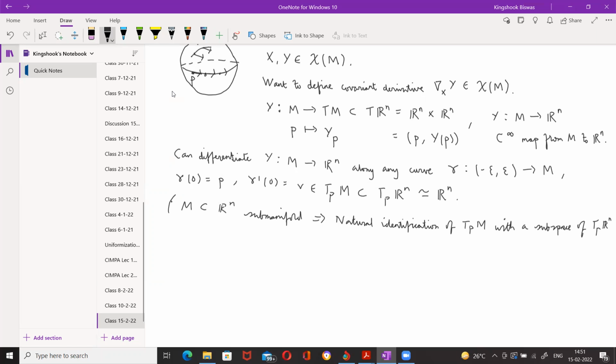Why is this? Suppose I have a submanifold, say M inside Rn.